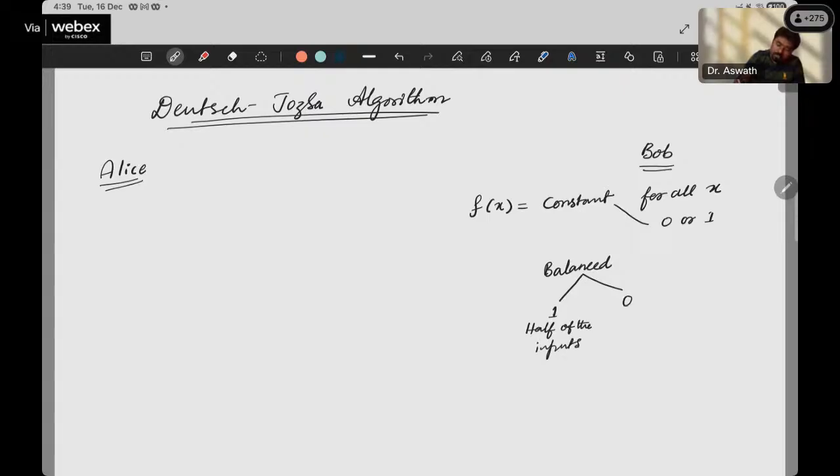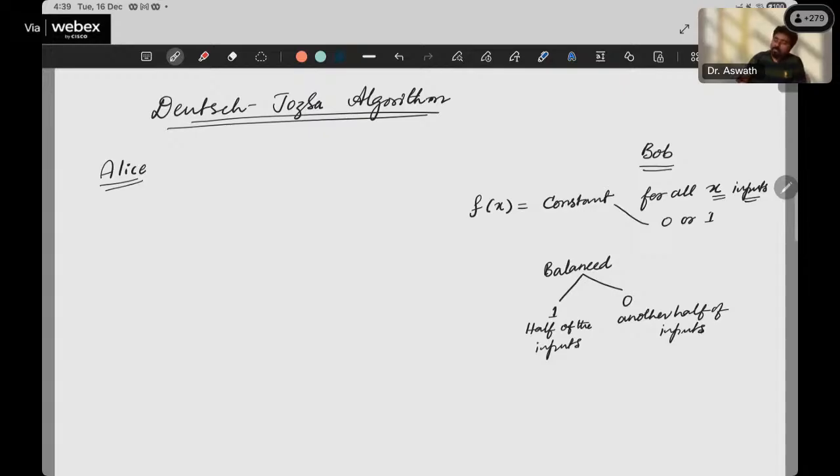If it gives the same output for all the x inputs, it is termed a constant function.